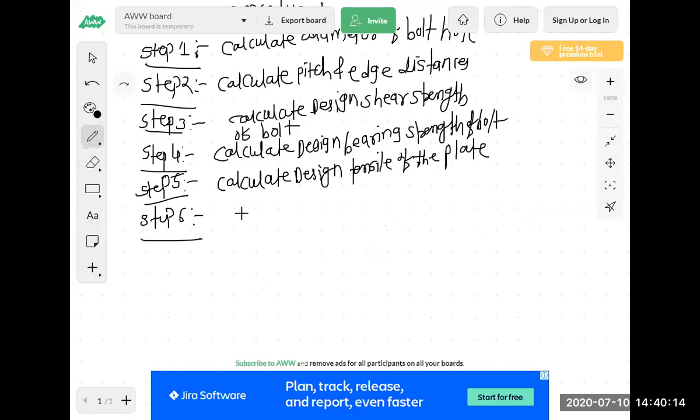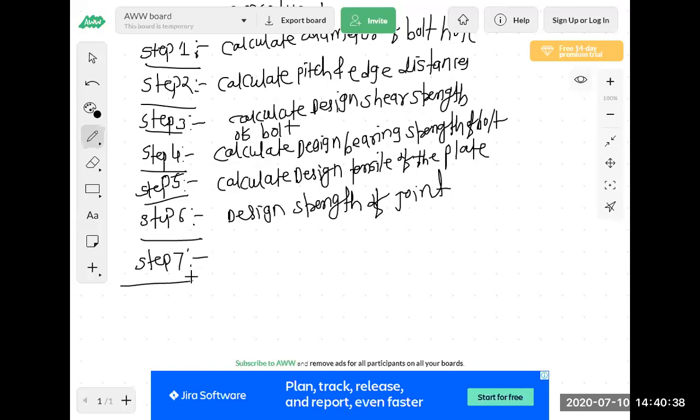What is step number 6 in the last type? Design strength of the joint. So how have we calculated design strength of the joint? Minimum of these three is the design strength of the joint, that we have to calculate, and then we will move towards the next step, that is step number 7. Are you getting? Now here we will calculate the number of bolts.